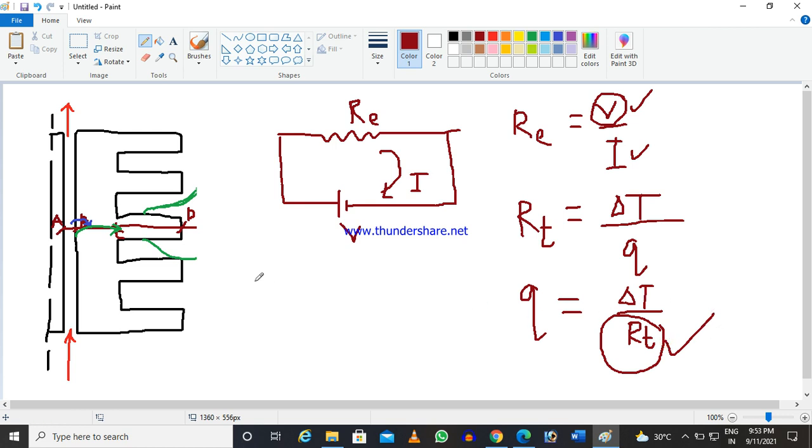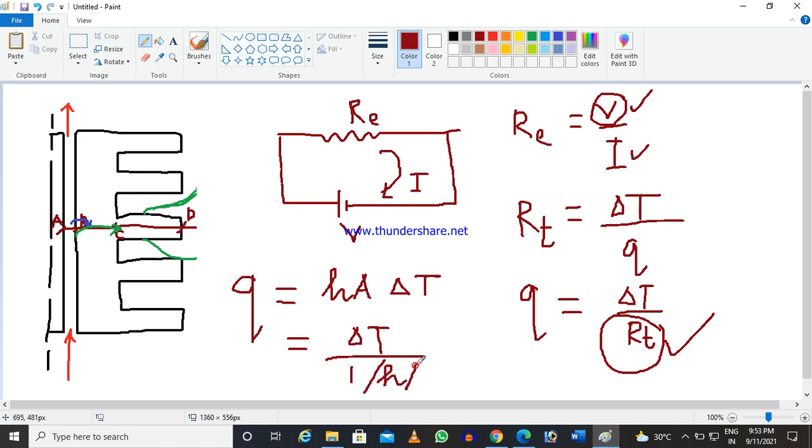We can do another exercise. Say for Newton's law of cooling, Q is equal to HA delta T. Now I can write Q is equal to delta T by 1 by HA. So now if we compare this equation and this equation, then my RT is equal to 1 by HA.